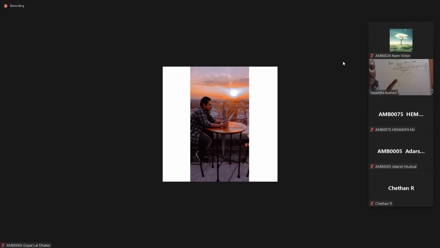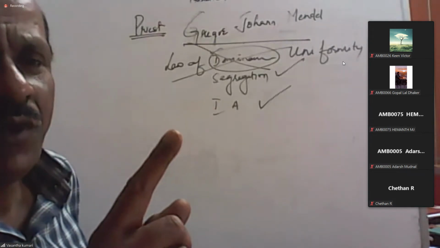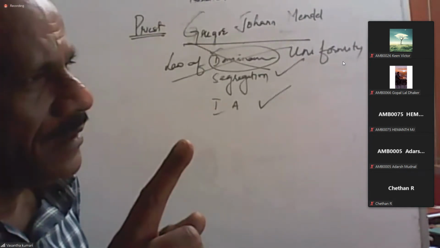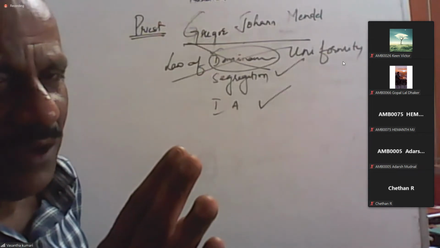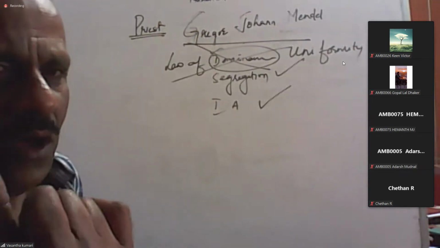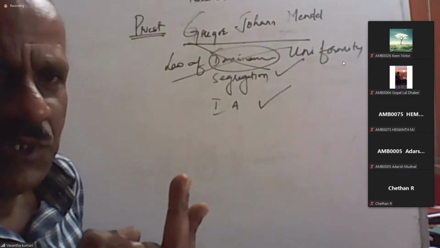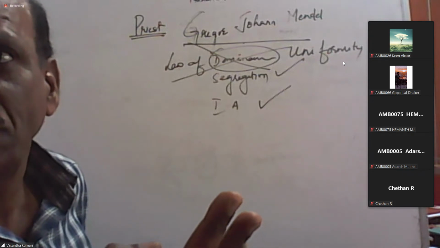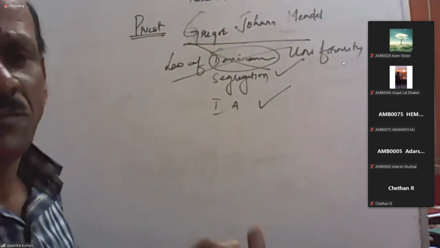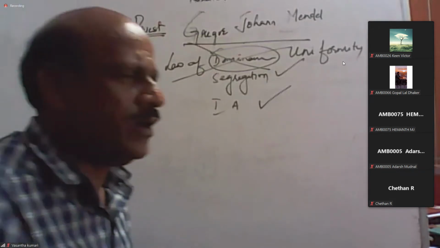So henceforth, please don't say law of dominance. Clear? You do not have something called the law of dominance. Law of uniformity, law of segregation, law of independent assortment. Is that clear? Now, can you write?